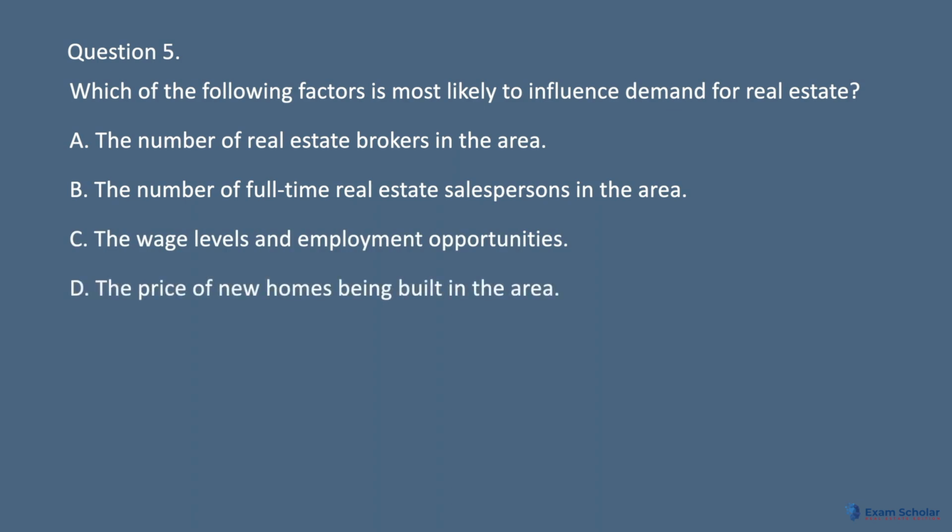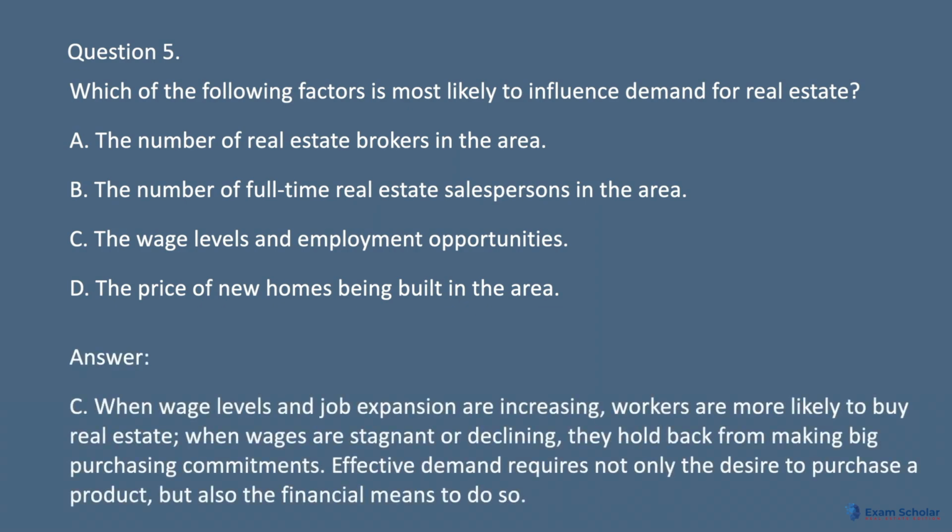D. The price of new homes being built in the area. Answer. C. When wage levels and job expansion are increasing, workers are more likely to buy real estate. When wages are stagnant or declining, they hold back from making big purchasing commitments. Effective demand requires not only the desire to purchase a product, but also the financial means to do so.